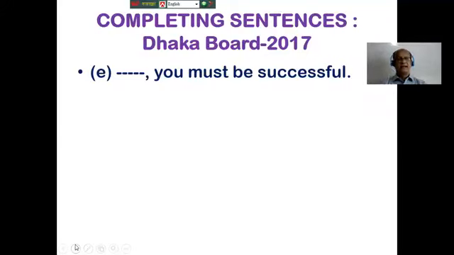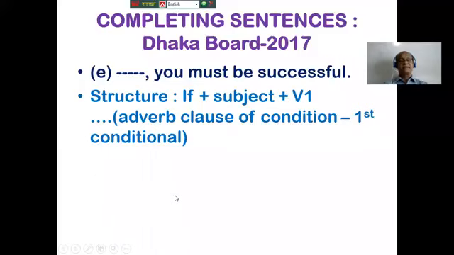And since the principal clause part contains must, we can use first condition, because first condition indicates that this condition can be fulfilled, and this is a condition which we have to use, or we can use it as an advice. So what is the structure? Structure: if plus subject plus V1, adverb clause of condition, first condition.